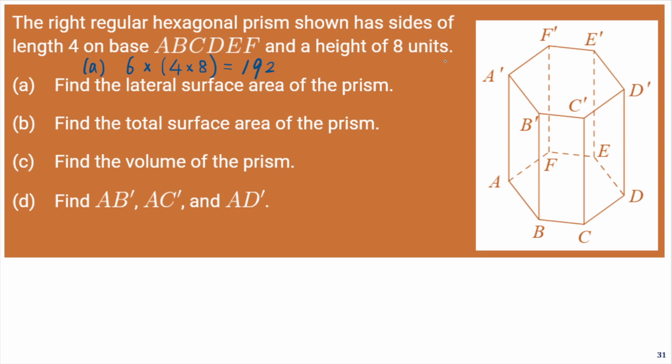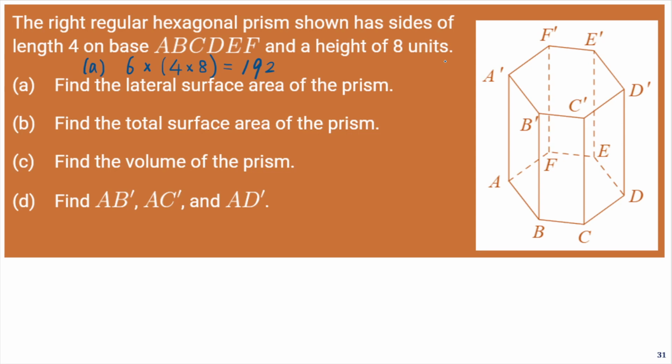Second question, find the total surface area of the prism. To find the total surface area, we must add the area of the two bases to the lateral surface area, which is calculated in question A. Each base is a regular hexagon. If you can recall in previous questions, we actually devised a formula to find the area of a regular hexagon of side length x, right?